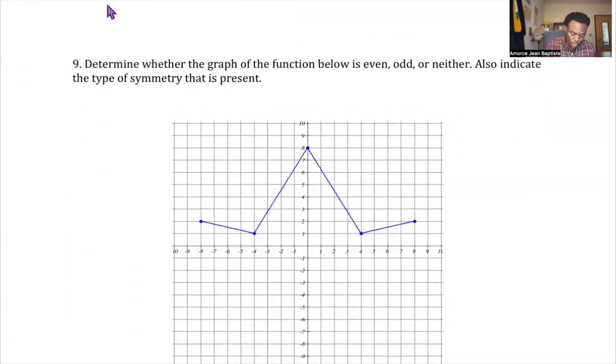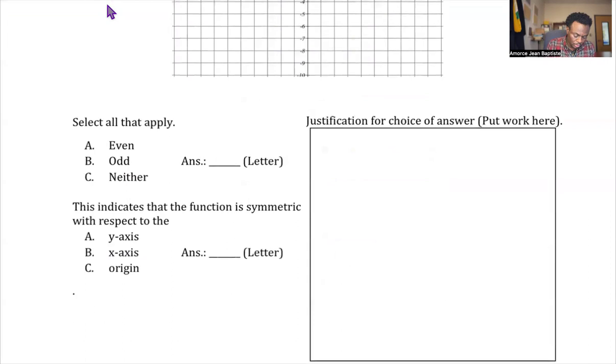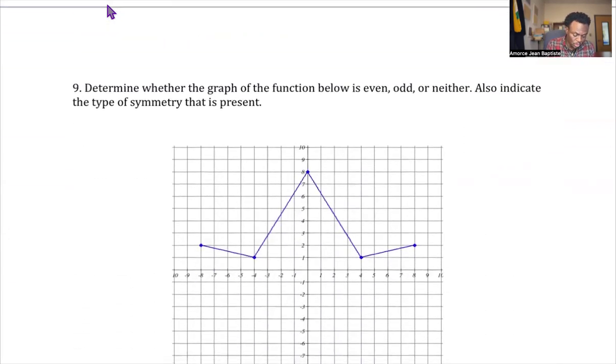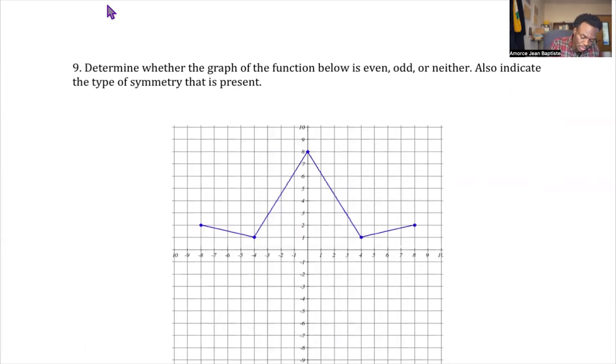Let's try this one as well. For this one, we're going to decide whether it's even, odd, neither, and then we will indicate whether we have a symmetry with respect to which axis, or symmetric would be the same distance from which axis or origin.